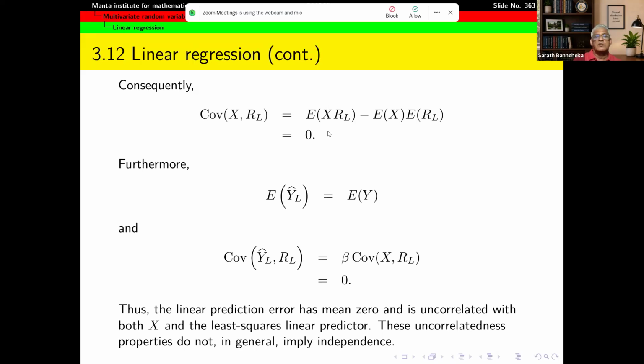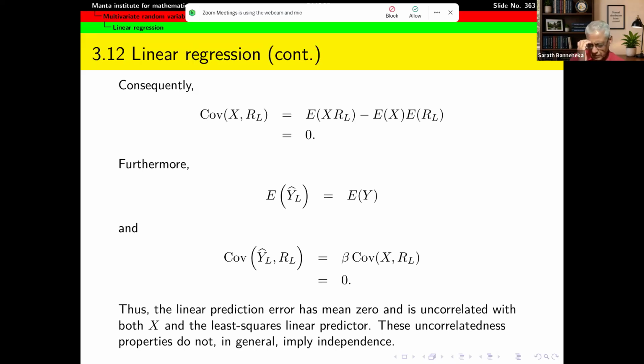We have seen that this term is 0 and this term is also 0. Therefore, the covariance between x and RL is equal to 0, which implies that x and RL are uncorrelated.